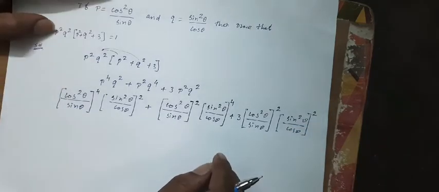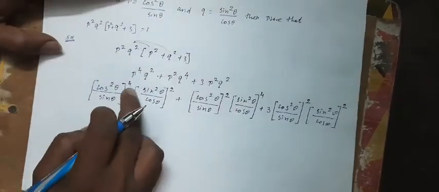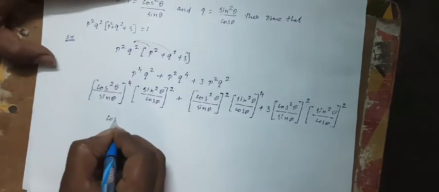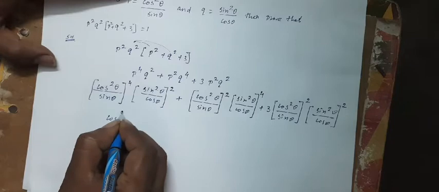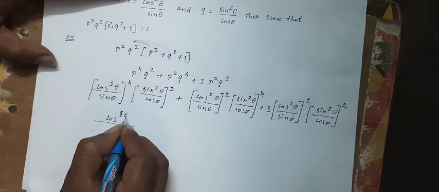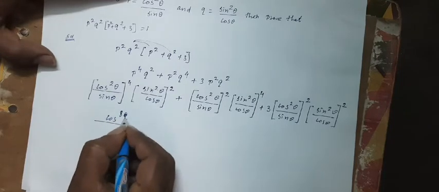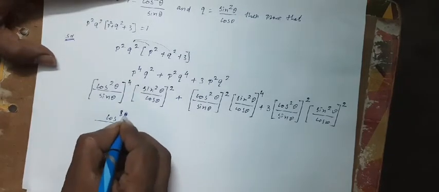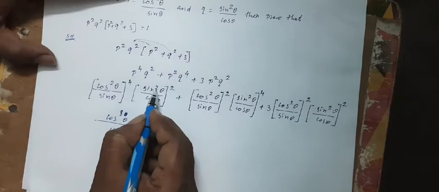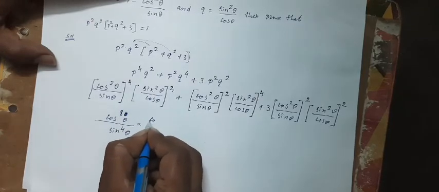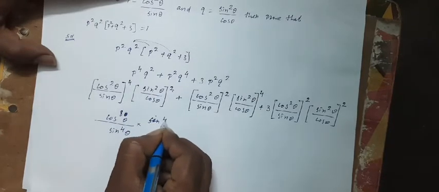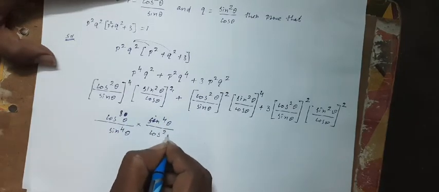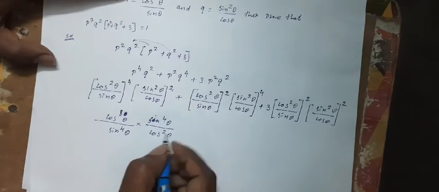Okay. Now whole power 4, take 4 and multiply inside. We can get cos 4 twos are 8 theta by sin 4 theta, and then into here 2 twos are 4. So we can get sin power 4 theta by cos square theta. Clear?